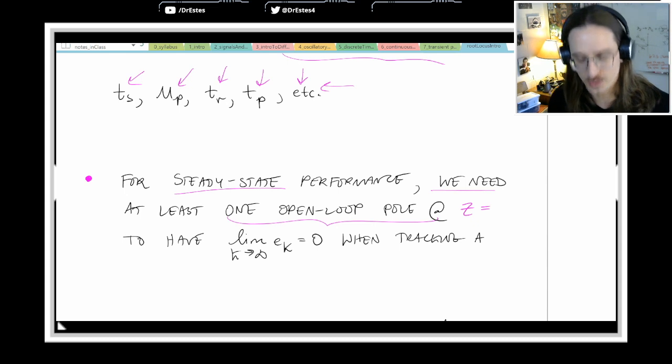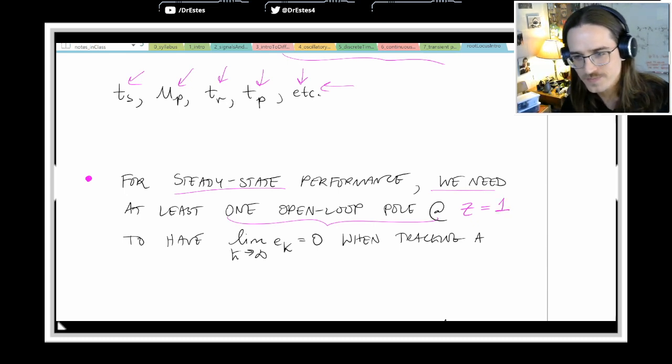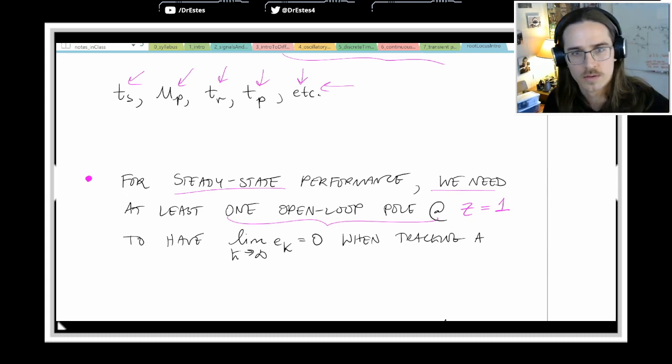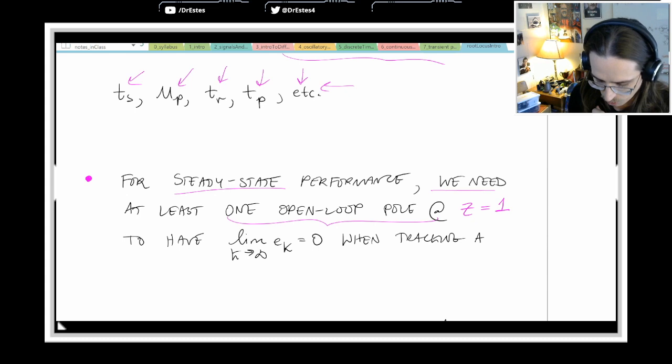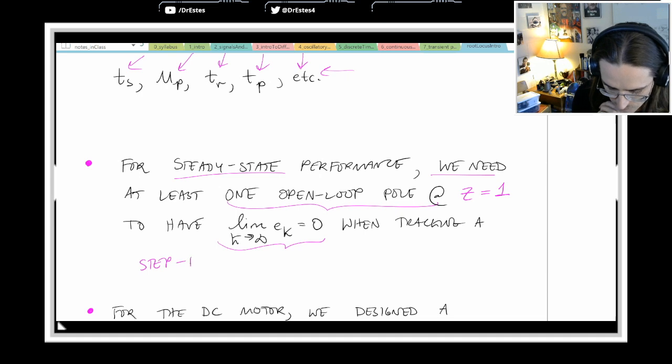Zach. Okay, good. So you need at least one pole at z equals 1 if you want steady state error to be 0 when tracking a step reference.